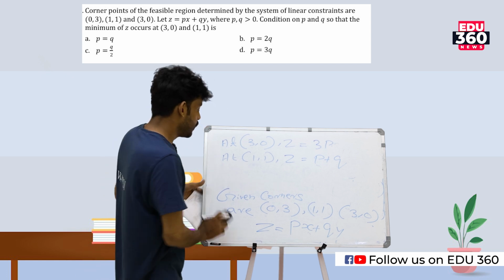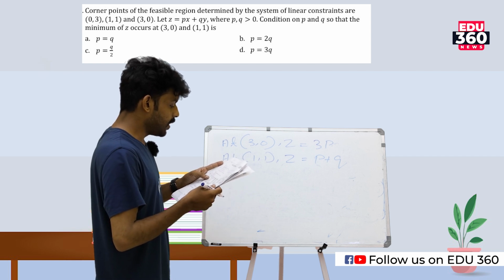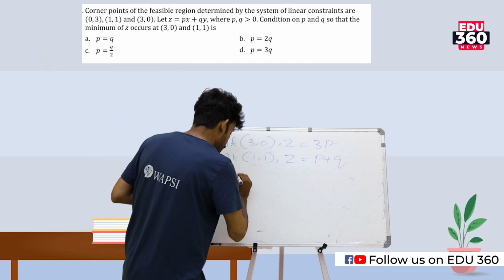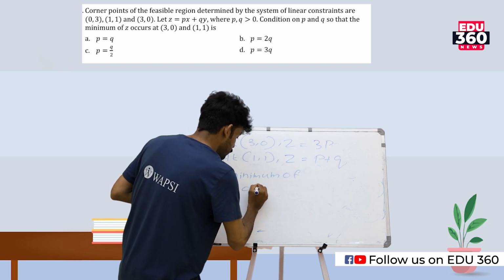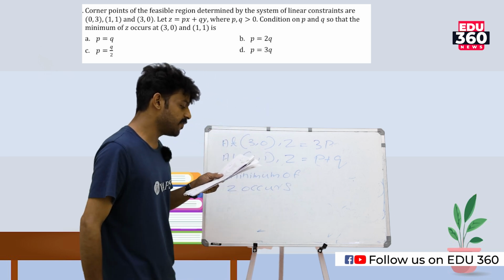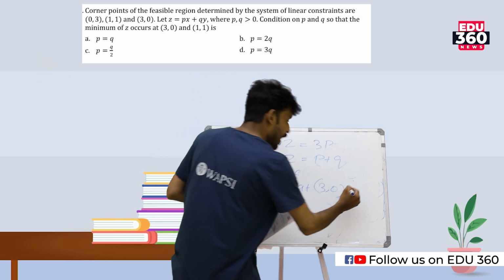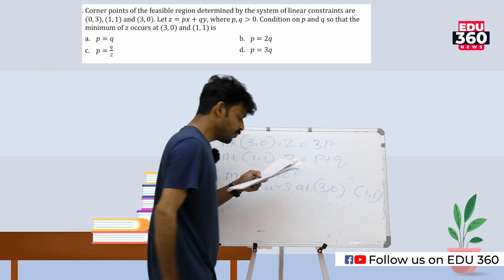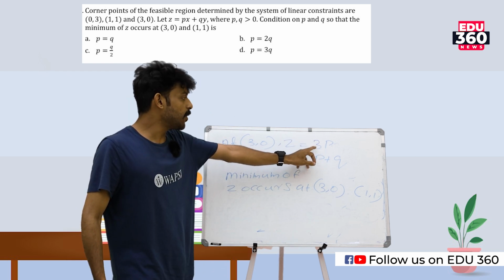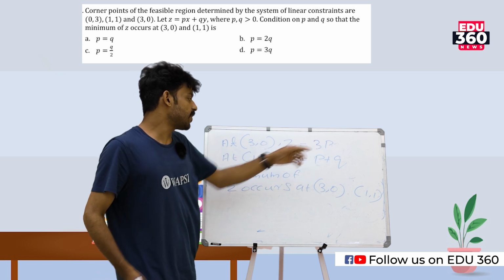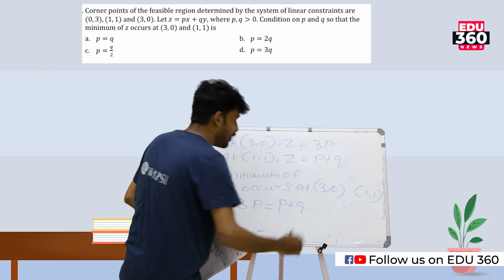So we can equate the values of Z at (3, 0) and (1, 1). That is, 3P is equal to P plus Q.